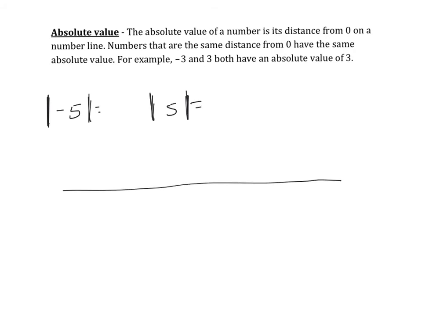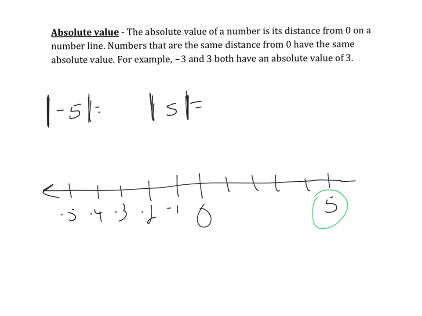Well, once again, we can show that on a number line. Here's 0, 1, 2, 3, 4, 5, negative 1, negative 2, negative 3, negative 4, and negative 5. I'm going to circle this one with green and this one with blue. So what's the absolute value? That means how far from 0 is negative 5?